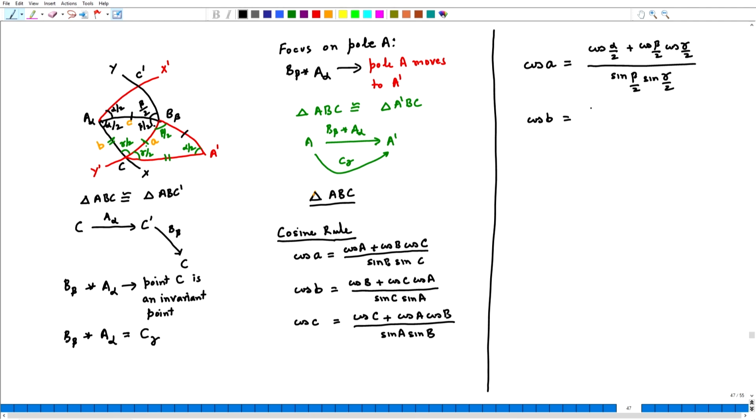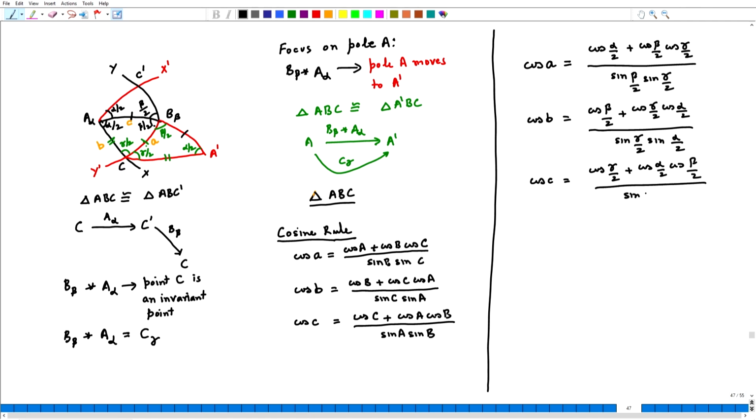Cos B would be cos of beta by 2 plus cos of gamma by 2 cos of alpha by 2, divided by sin gamma by 2 sin alpha by 2, and cos C is equal to cos of gamma by 2 plus cos of alpha by 2 cos of beta by 2, divided by sin alpha by 2 sin beta by 2.